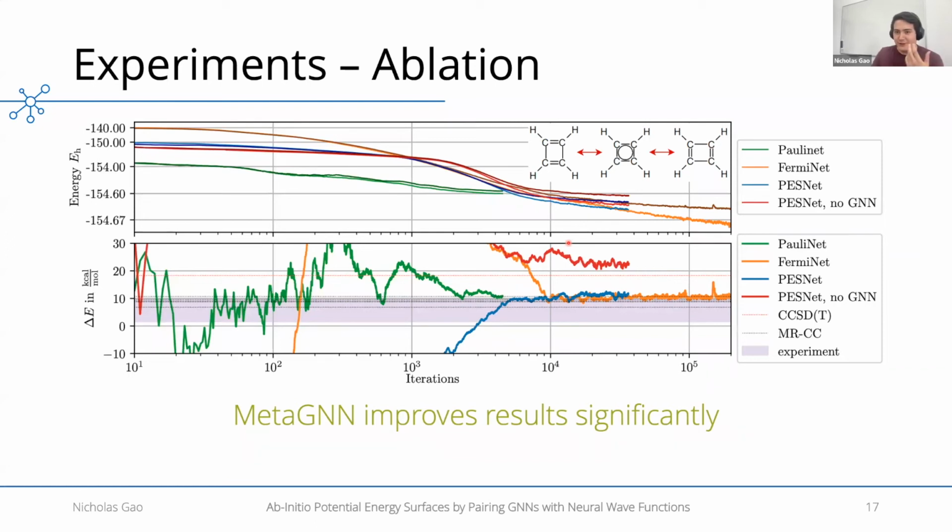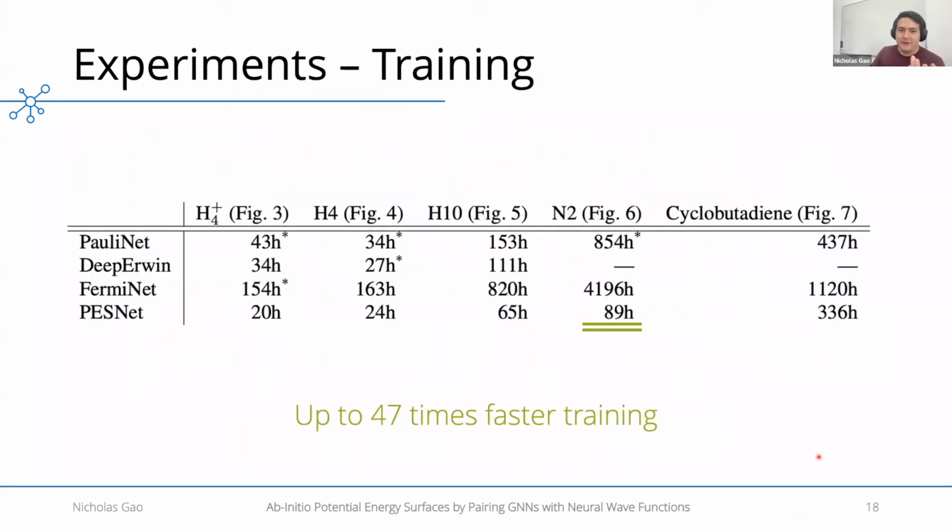Then to the most important part of our experimental evaluations: what do we save here? Here we have the systems I just introduced to you, and the compute time it took. Since our accuracy is mostly very similar to FermiNet, we should compare to the FermiNet row here.